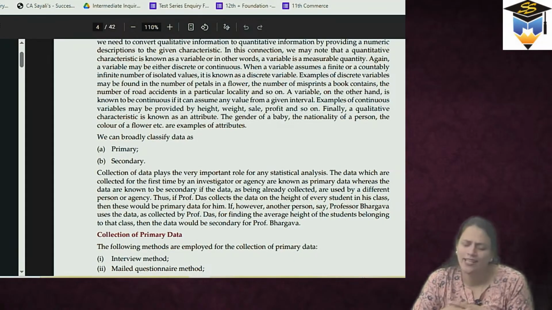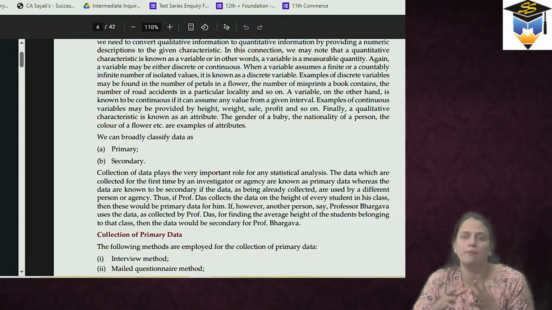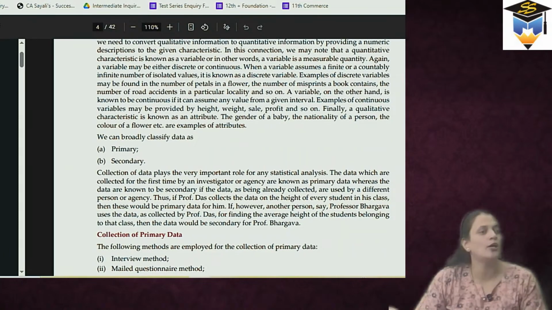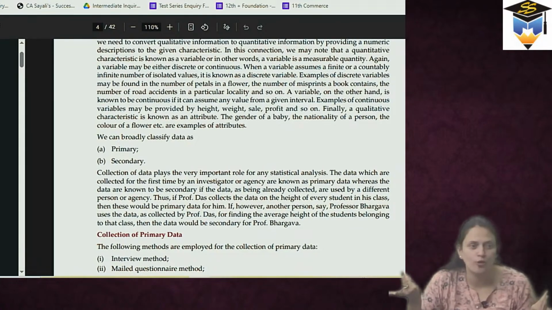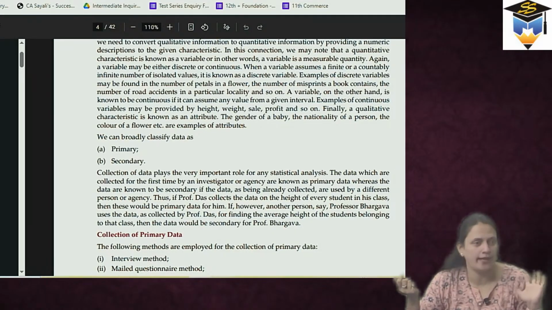Now, can anybody tell me why is the collection of data very important? What do you think? Without data, without numbers, statistics is not going to work. So for statistics to work, the basic tool is going to be data.